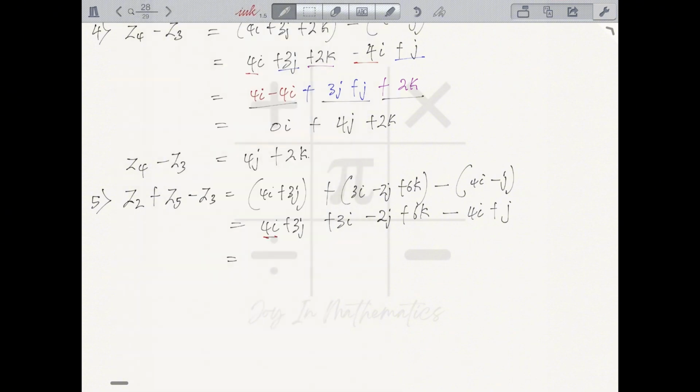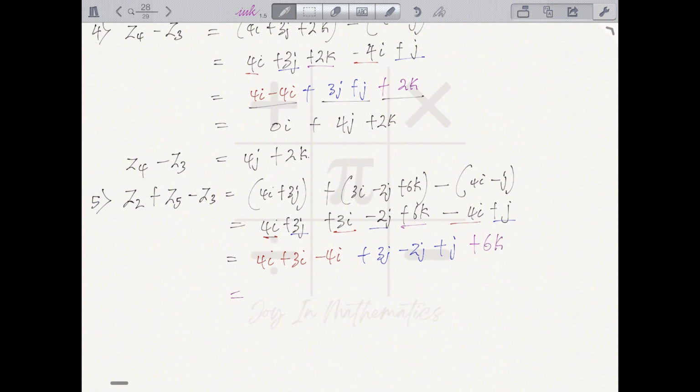The next thing is to collect like terms. The i component: 4i, 3i, and minus 4i. So 4i plus 3i minus 4i. Moving on to the j component, which is plus 3j minus 2j plus j. And the last component, which is k, plus 6k.